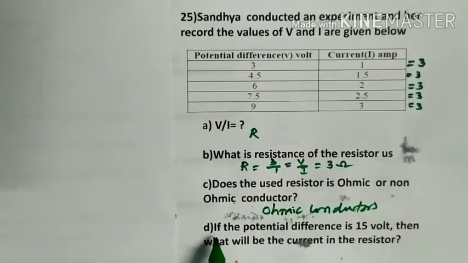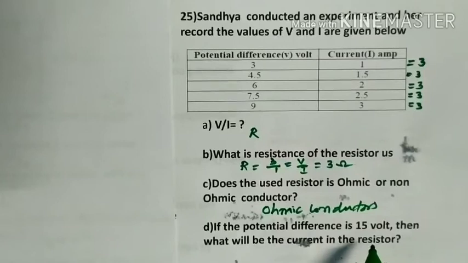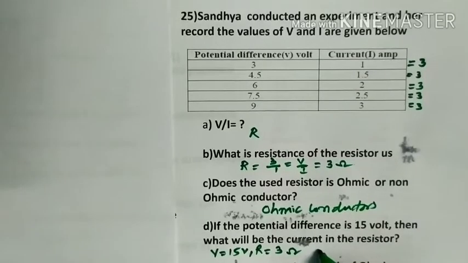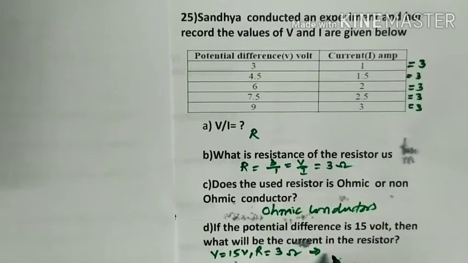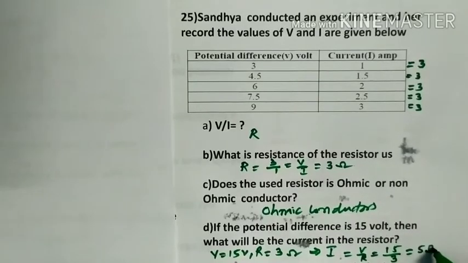The next question. If the potential difference is 15 volts, then what will be the current in the resistor? Here we have to find I. I is equal to V by R. Here V is equal to 15 volts and R is equal to 3 ohms. 15 by 3 is equal to 5 amperes.